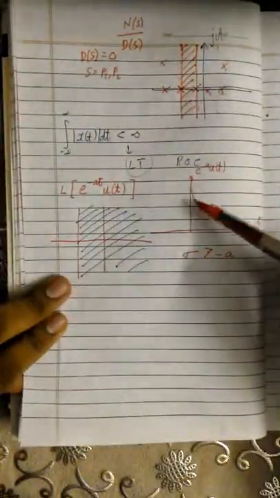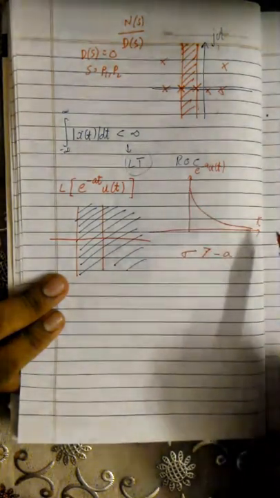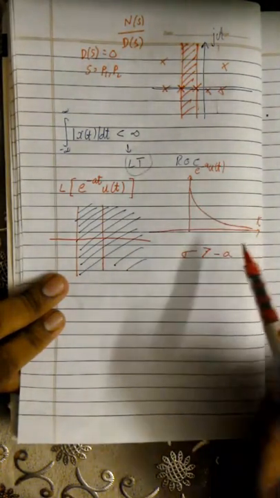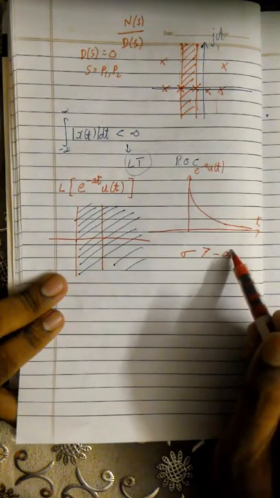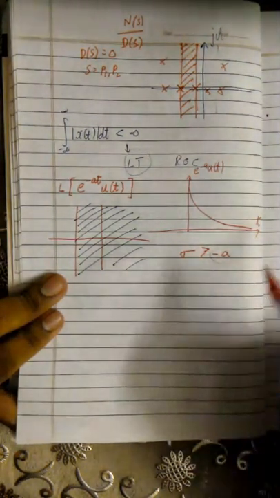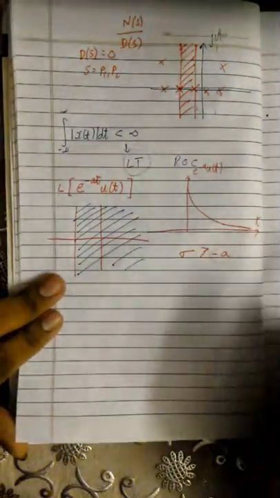That is, if a signal is a right-sided signal, that means the left side of the signal is 0, then the ROC will always be of the form sigma greater than some number. This number can be negative, positive, or any number. In our first problem we got this value.